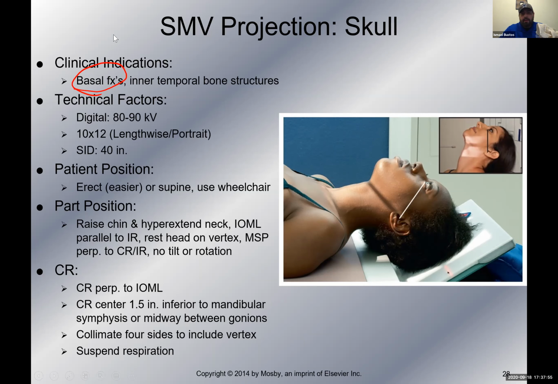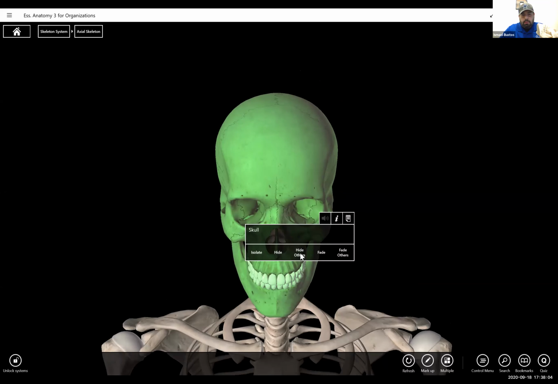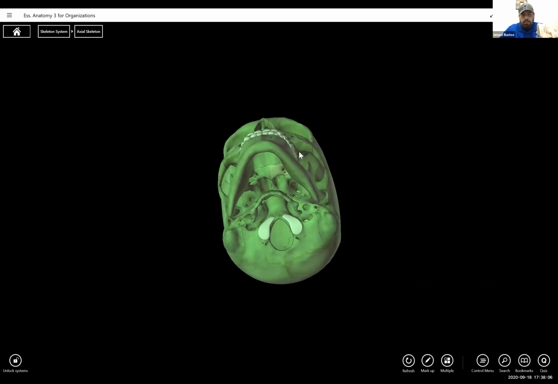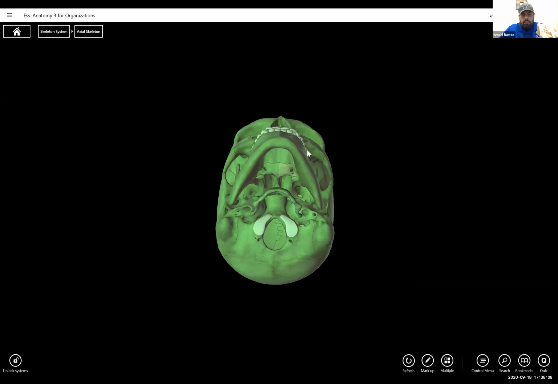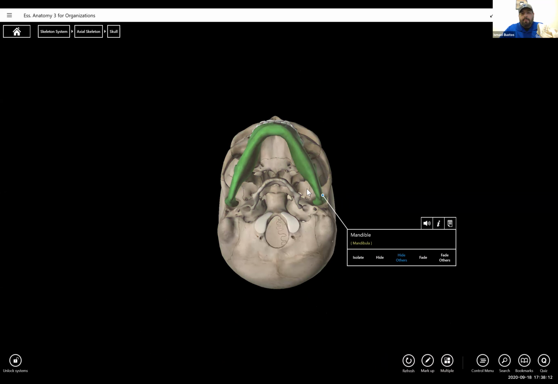So if we're looking at the skull here, we're going to isolate this skull. All right, now this is what we want to see.